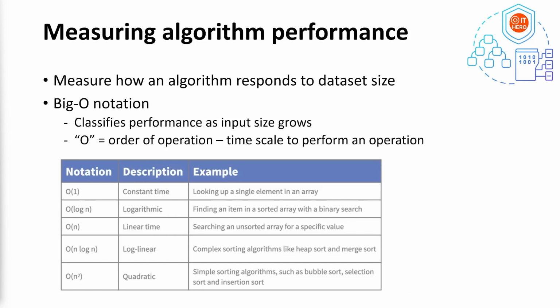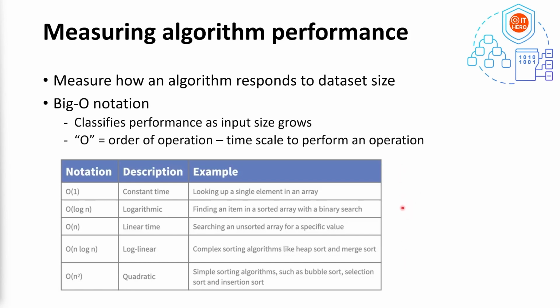We have the constant time complexity, O(1), for example, in an array to look for a single element. We have the logarithmic time. These are basically in ascending order. So O(1) is the fastest time to perform an operation, and we're going down from there.